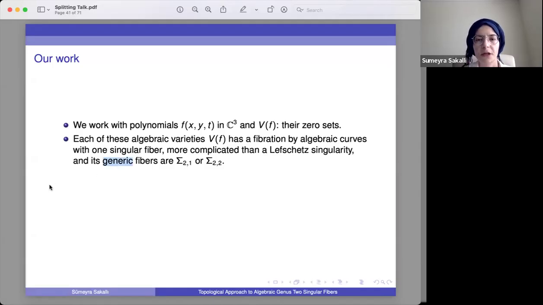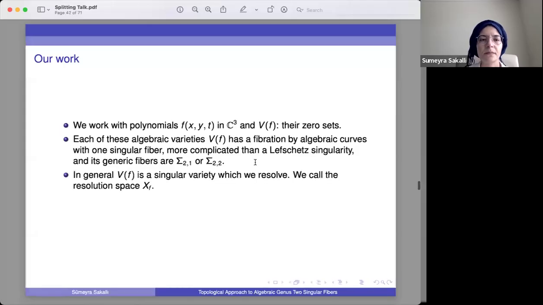The generic fibers of such fibrations are either genus 2 surfaces with one boundary component or genus 2 surfaces with two boundary components. And in general, this algebraic variety is a singular variety that we resolve, and then we call it the resolution space X_f.